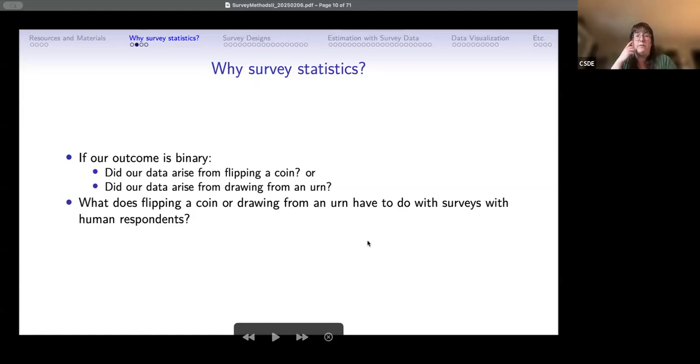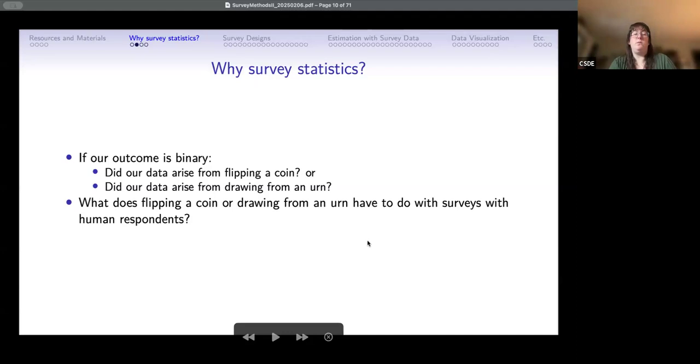Drawing a single marble from an urn of 100 marbles and not replacing it is an experiment that can only be done 100 times, right? So those are two philosophically different ideas about the experiment that gives rise to a binary outcome.